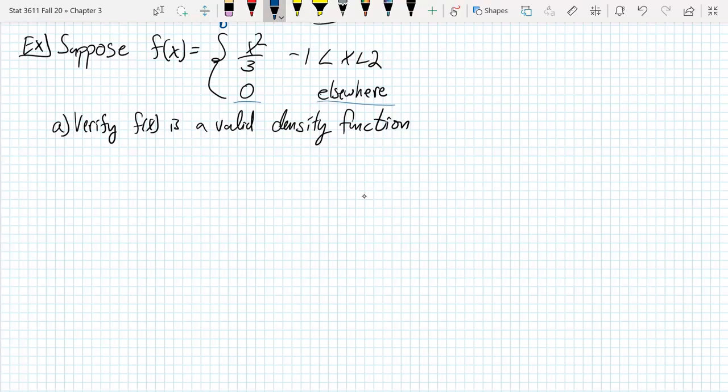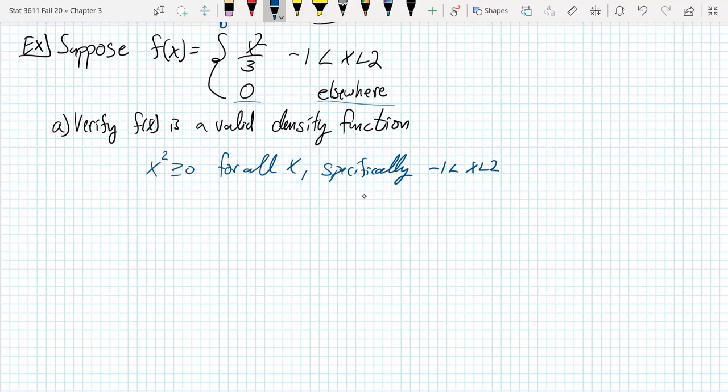This is now x squared over 3. So what do we know about x squared over 3? Well, x squared is greater than or equal to 0 for all x, and specifically when x is from -1 to 2, right? You square a negative number, you get a positive. You square 0, you get 0.